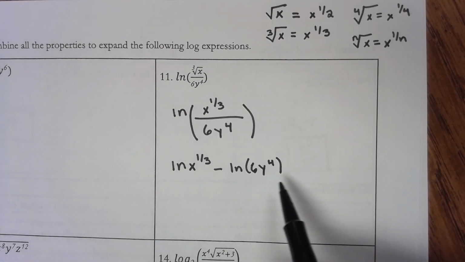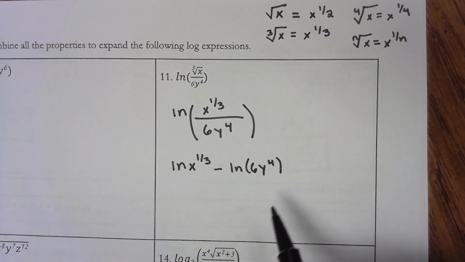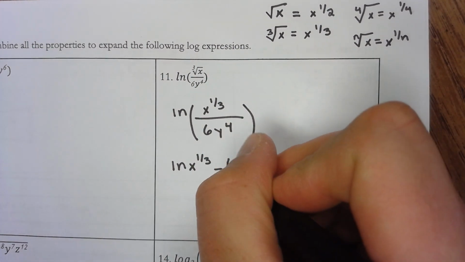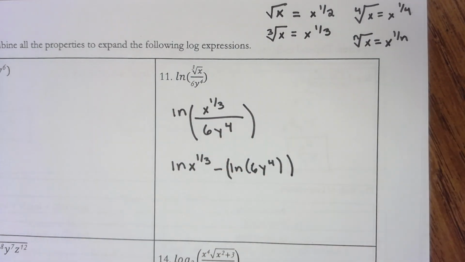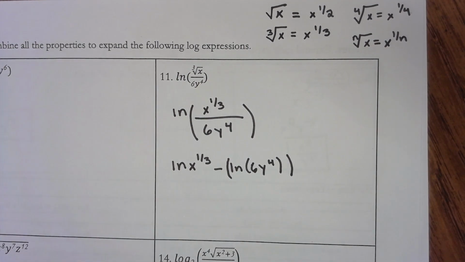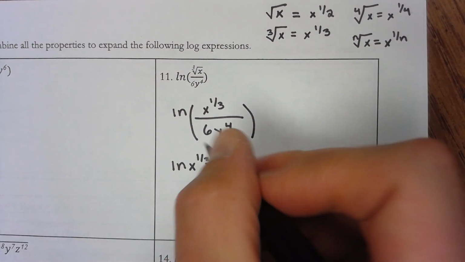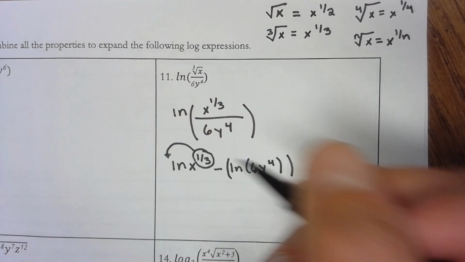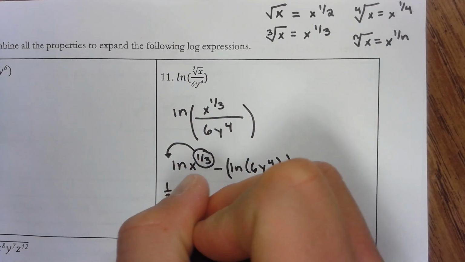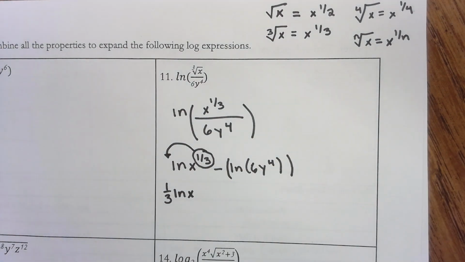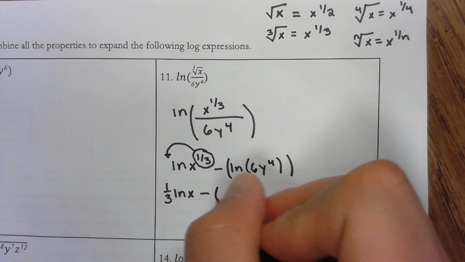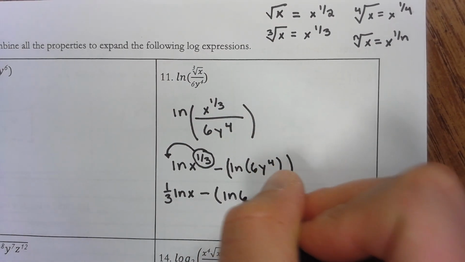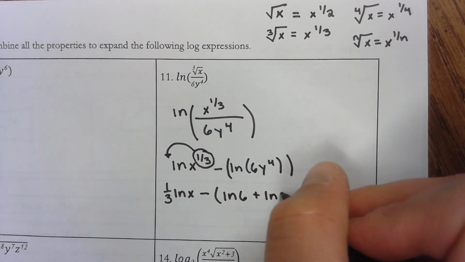This still needs to be expanded, right? 6 times y to the 4th, that's a product. So I'm going to put parentheses here just to keep that group together. I'm going to do two things here. I'm going to take this 1/3 and make it my coefficient. So 1/3 natural log of x, and then minus, in parentheses, natural log of 6 plus the natural log of y to the 4th.